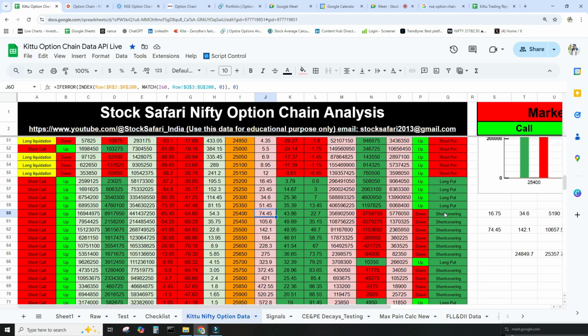So if the option writer is fearing about his positions, that's where the short covering positions will come. Short covering means he has squared off this position. How can the seller square off the position? Unless he buys the same contract, because upfront he started his position by selling the contract.